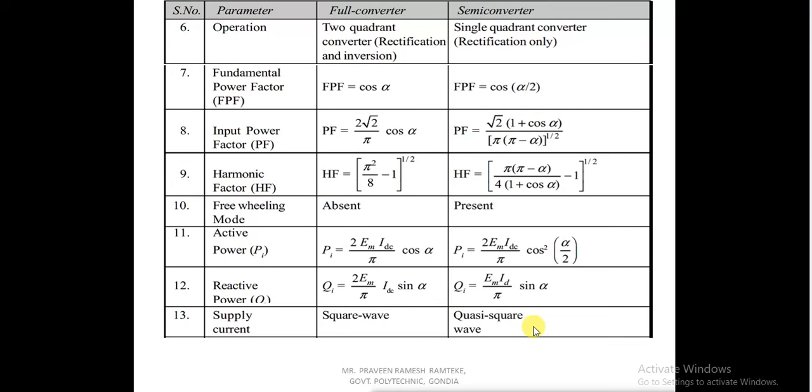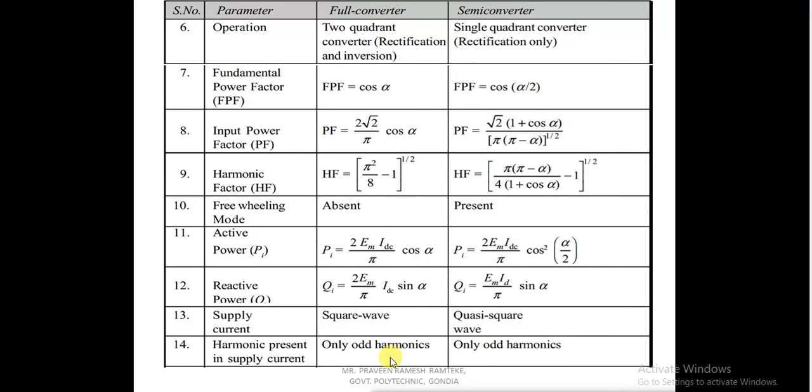From the advantages or application point of view, the semi converters are used if single phase supply is there and we want to drive large DC motors. But if three phase supply is present and we require a very good quality of DC voltage, then we use full converters.